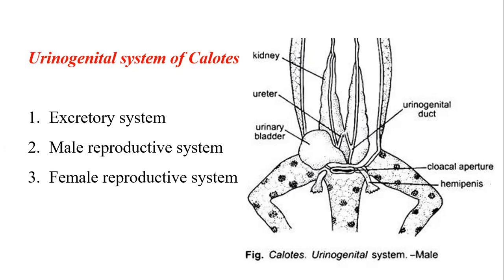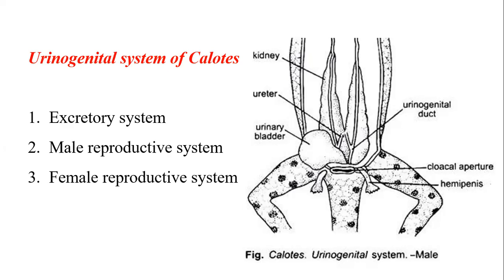As in the human kidney, each uriniferous tubule starts from Bowman's capsule. The Bowman's capsule encloses the glomerulus, then behind the glomerulus the renal tubule starts, and the renal tubule ends into the collecting tubule.